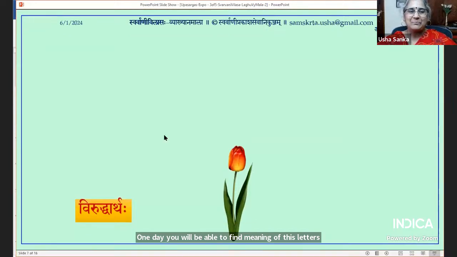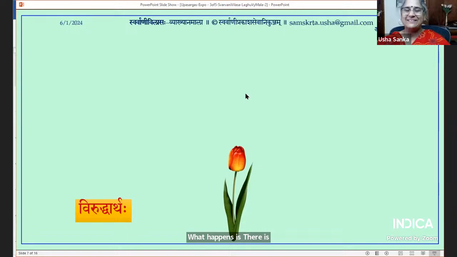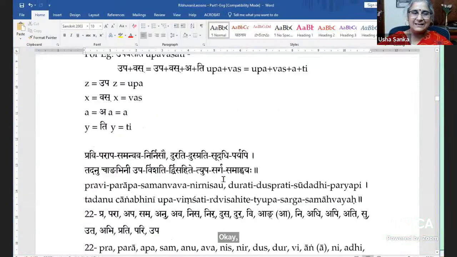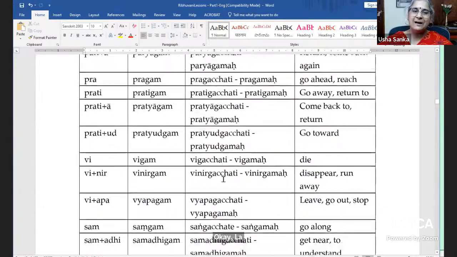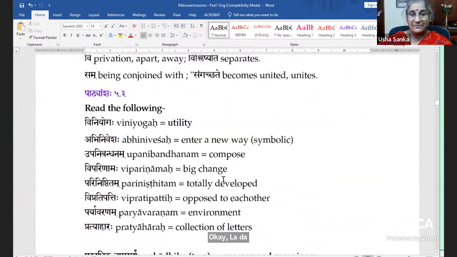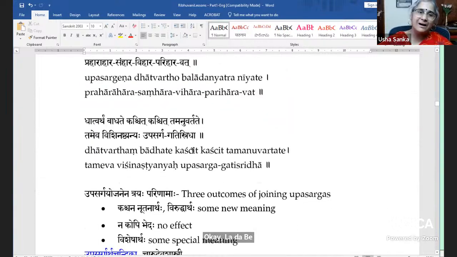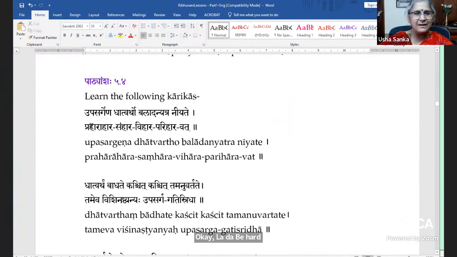What happens is there is a shloka. First, I'll tell you the shloka. After that, you will enjoy this. Upasargena dhatvartho phaladanyatra niyate, vihara-ahara-samhara-nihara-pariharavat, or something like this.